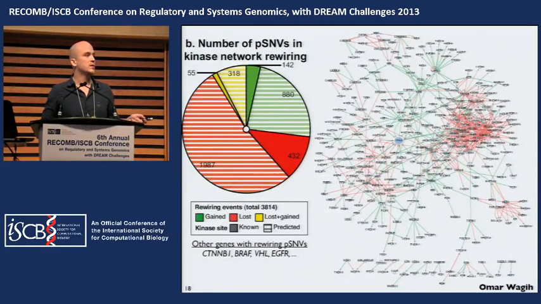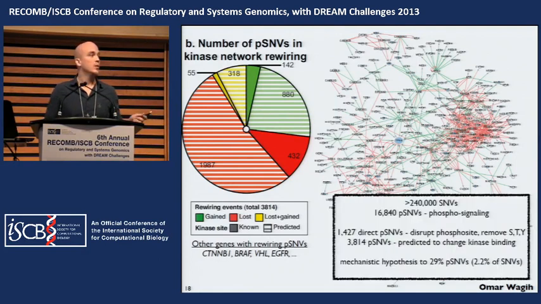So when we look at this number of sites, we can provide more insights into the function of phosphorylation-associated SNVs by considering all those kinase motifs. In total, we find about 1,500 direct phosphosite mutations where the central residue is destroyed. Therefore, no phosphorylation can occur at that site any longer.